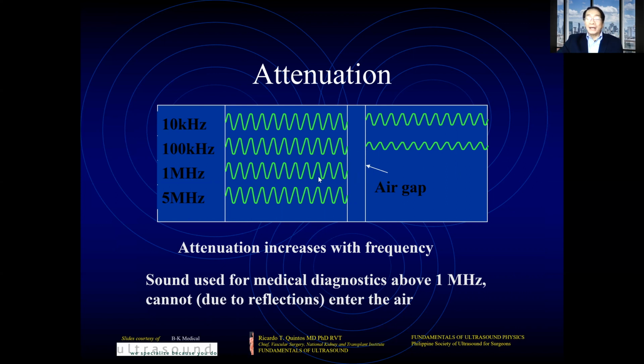So that is why in ultrasound, it is very important that we try to insulate the areas of the body which have less gas. And if there is gas in that area, we have to prepare the patient to remove the gas from that area.